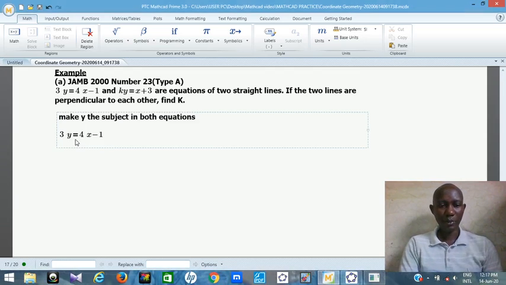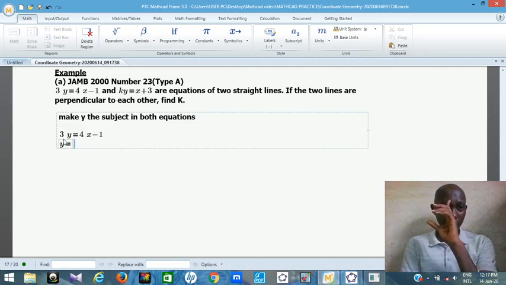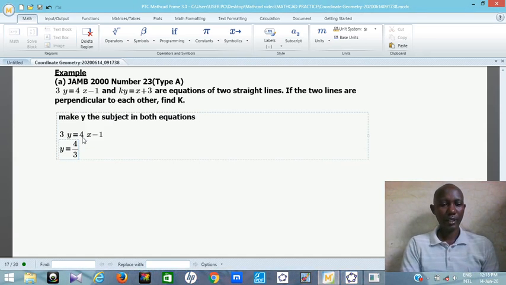This is going to give you y equals, 3 divided by 3 will be 1, then 4 divided by 3 x, then minus 1 divided by 3. So with this, you have made y the subject of the equation.